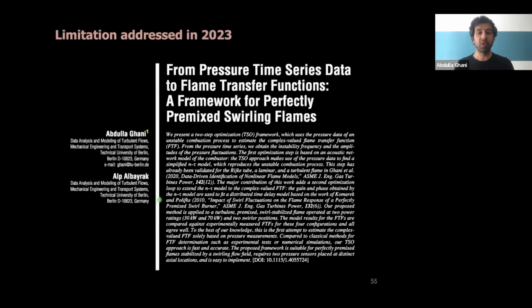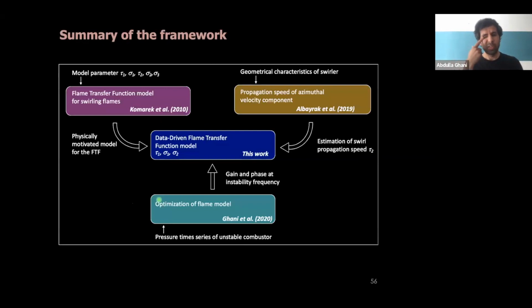And this was work that was presented last year at the ASME in Rotterdam, and it's available online. If you're interested in that, I would be happy if you look into it, because I just give a glimpse of what happened. The work that we have presented there is this blue frame here, and it's using different models. You use a parametric model for a flame model, which has 6 different parameters, and there are ways to eliminate some of these parameters.